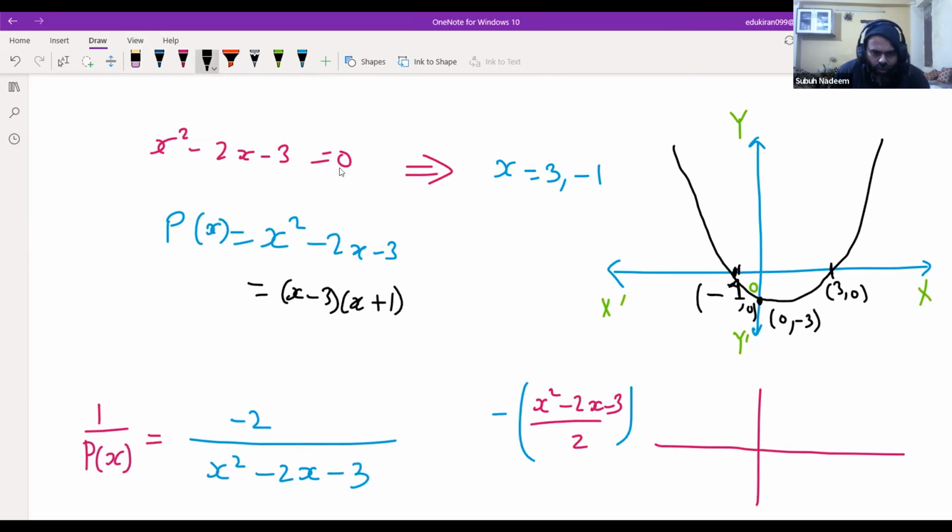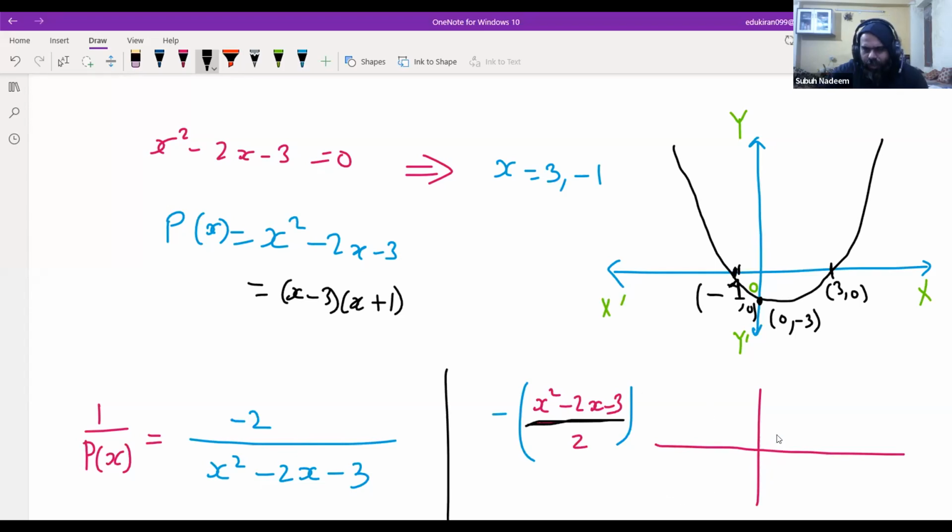Since we studied the transformation of graphs, the output is being halved. One thing is that. Another, it is minus, so it will be a mirror image about the x-axis. So the graph would be like this.